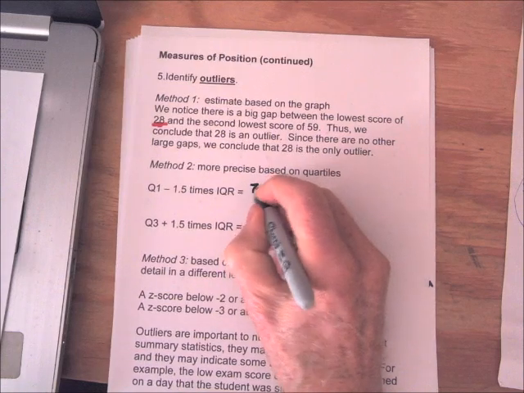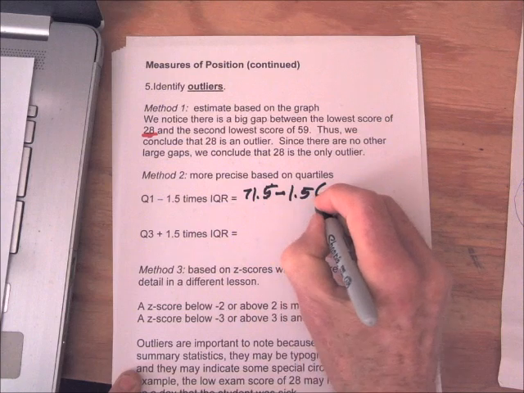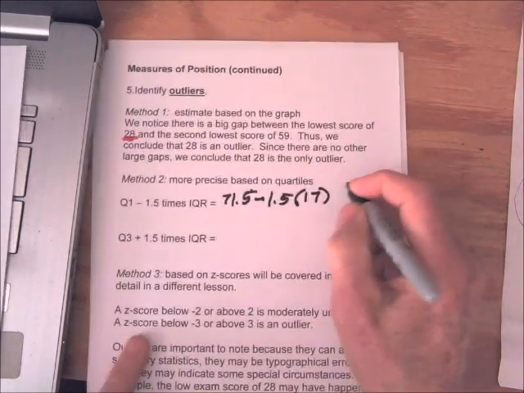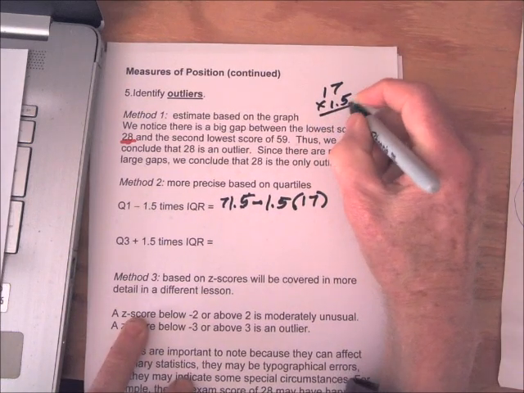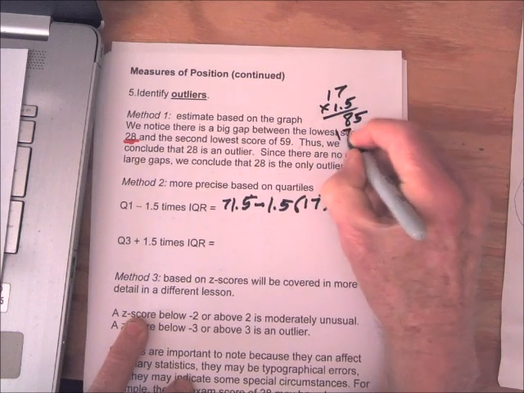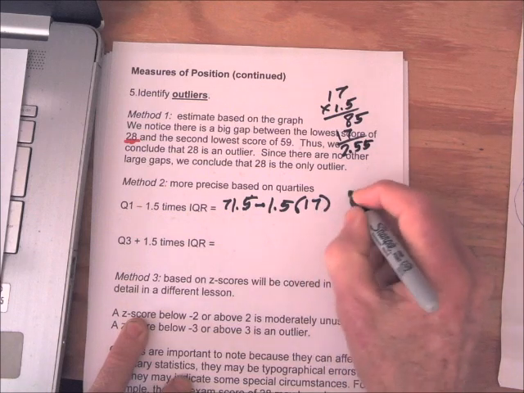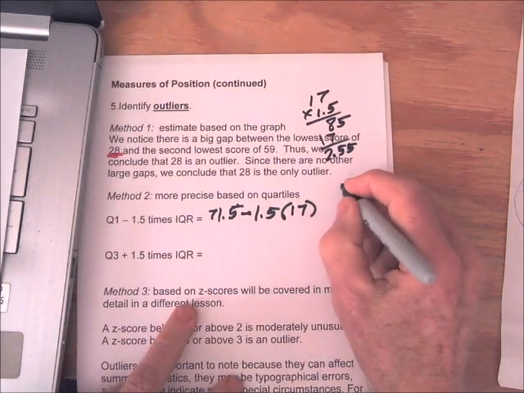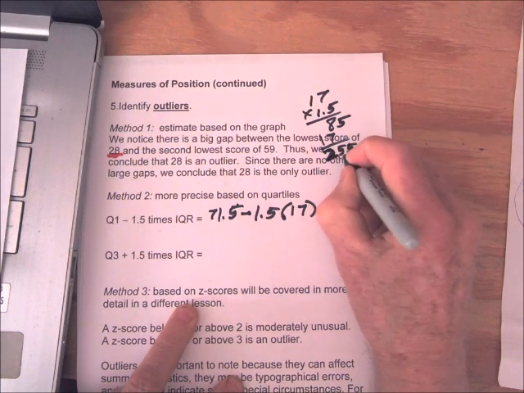So 71.5 minus 1.5 times the interquartile range, which we had computed as 17. Okay, so 17 times 1.5 is 25.5.